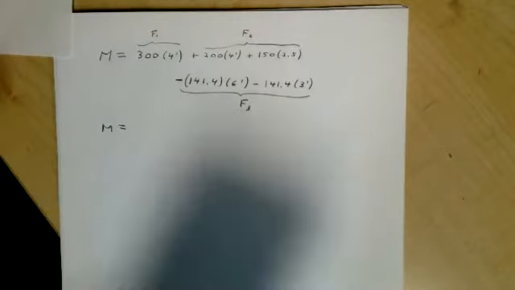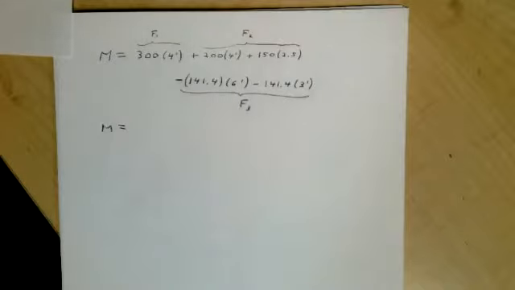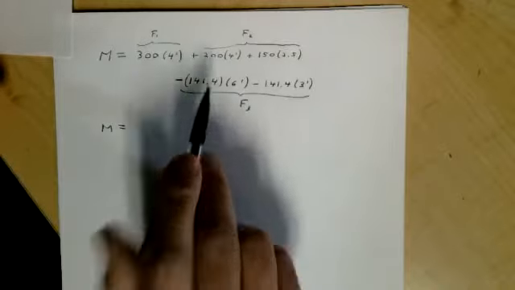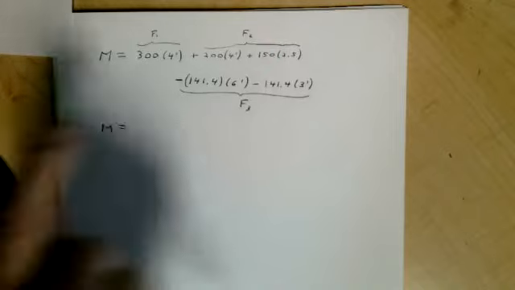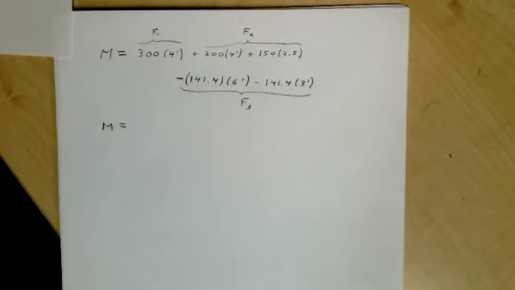So then our total moment is going to be just this all multiplied out: 300 times 4 plus 200 times 4 plus 150 times 2.5 minus 141.4 times 6 minus 141.4 times 3.